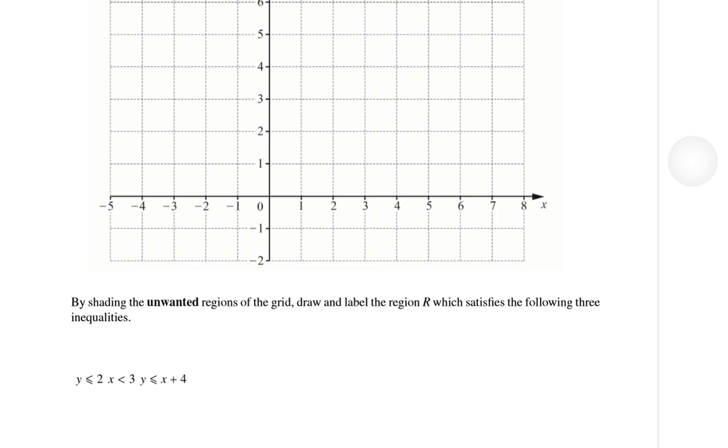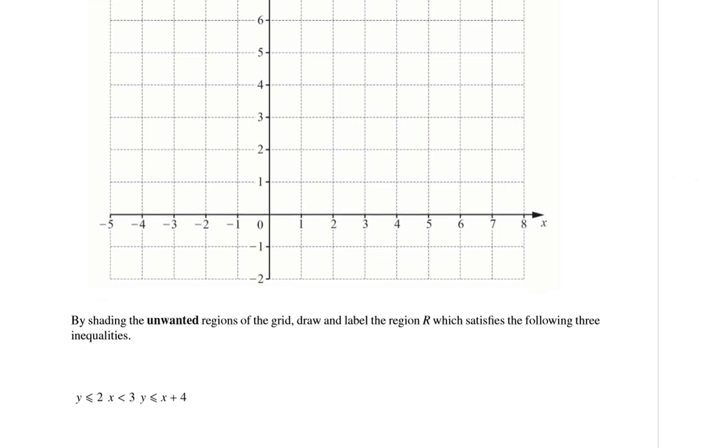Okay. By shading the unwanted region again, we are given these three inequalities. So this is y is equal to 2, this is x is equal to 3, this is y is equal to x plus 4.